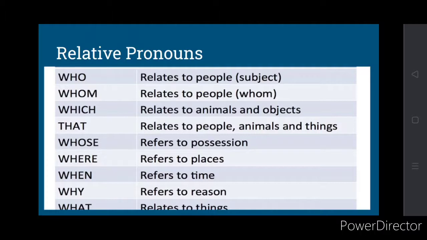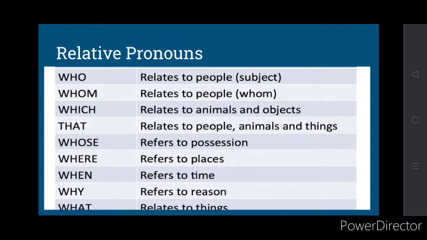Now moving on to relative pronouns. Relative pronouns relate a clause to a noun used earlier, right? We said that relative pronouns link two sentences when they're talking about the same person. We use who when we're relating to the subject, and whom when we're relating to people.